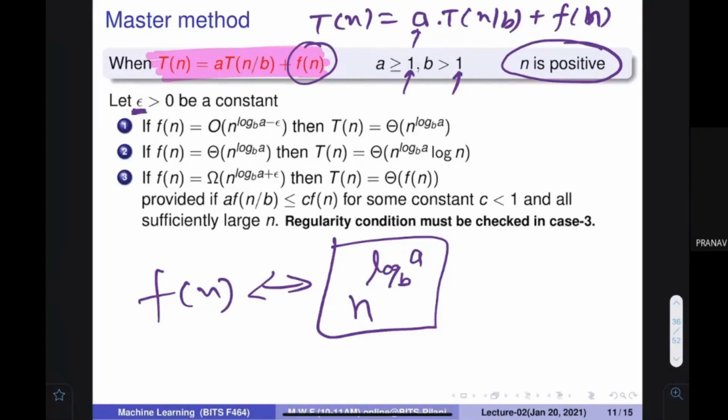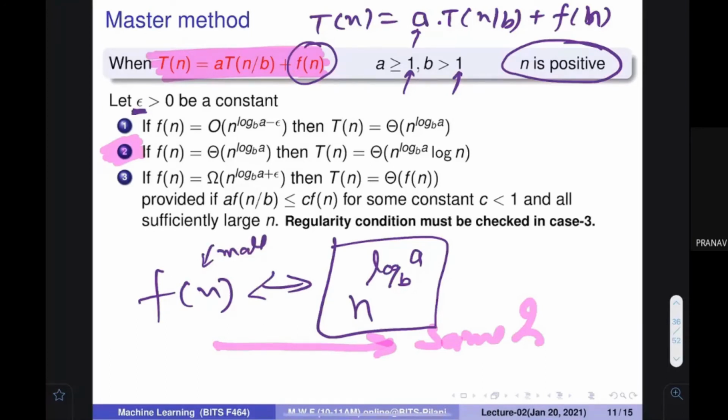Either both are the same, then it is case 2. If this is smaller, then you take the big O and subtract something, this minus epsilon part, from here and then it becomes equal. If it is smaller, then you subtract, then it would become equal. Or it is larger.